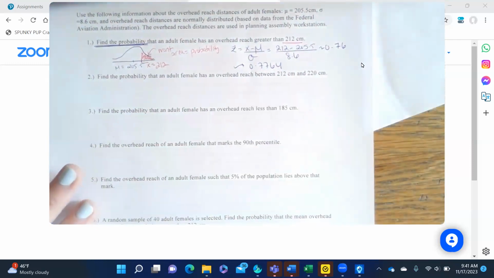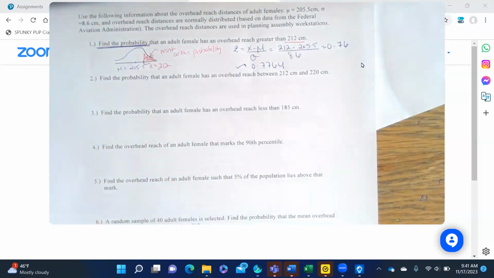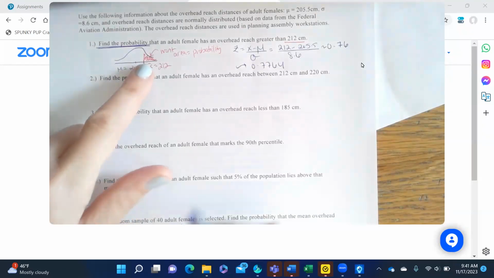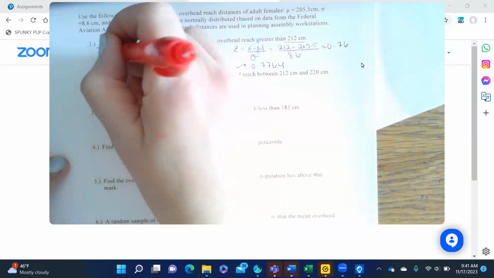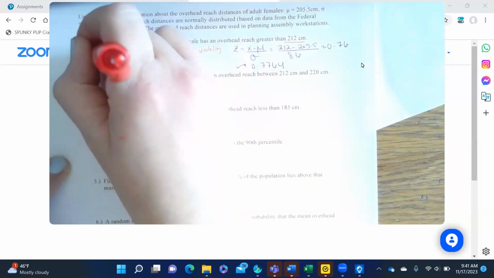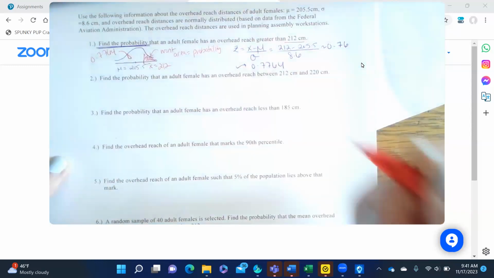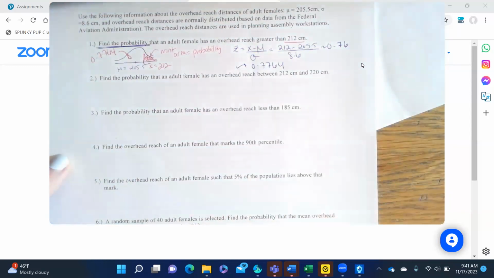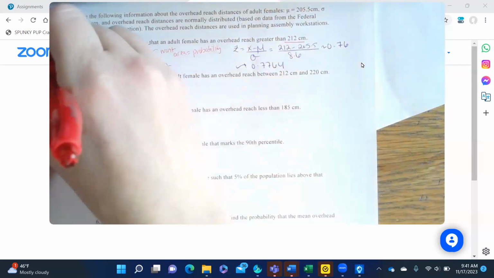All right, now just be careful. The table, and also Excel if you're doing it in Excel, always gives you the area to the left. So they're not giving us the area on the right side, they're giving us this side for the area. If you need the area on the right, then what we have to do is subtract from 1.